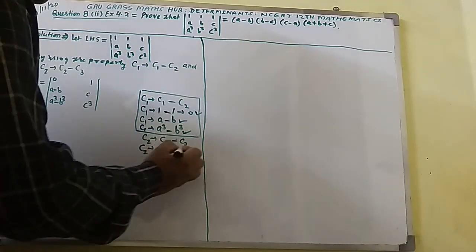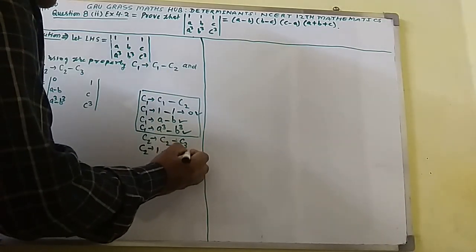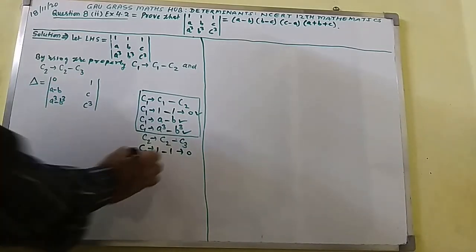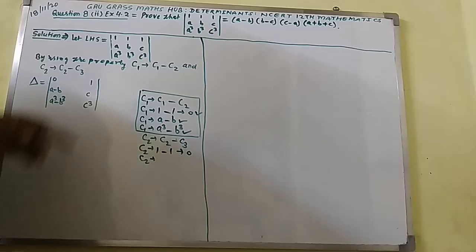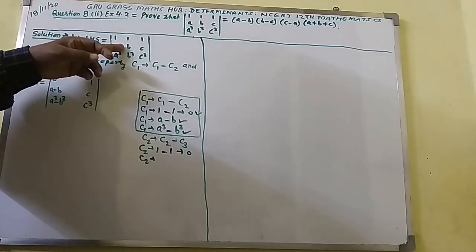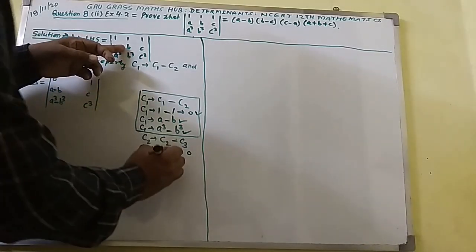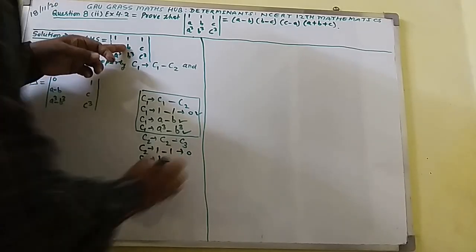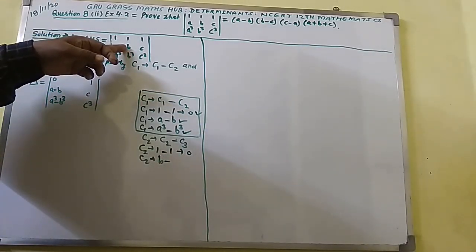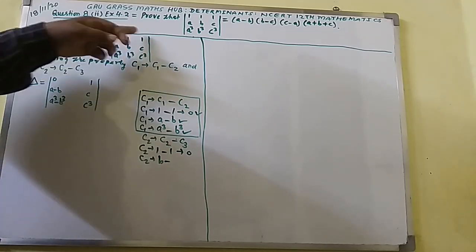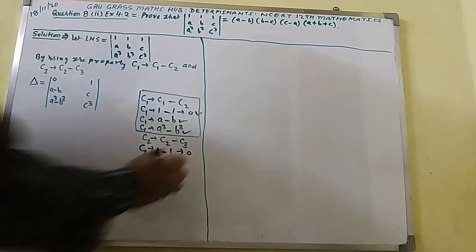So 1 minus 1 goes to 0. And if I take the element of C2 as b, write b minus the corresponding element in the third column, which will be c.